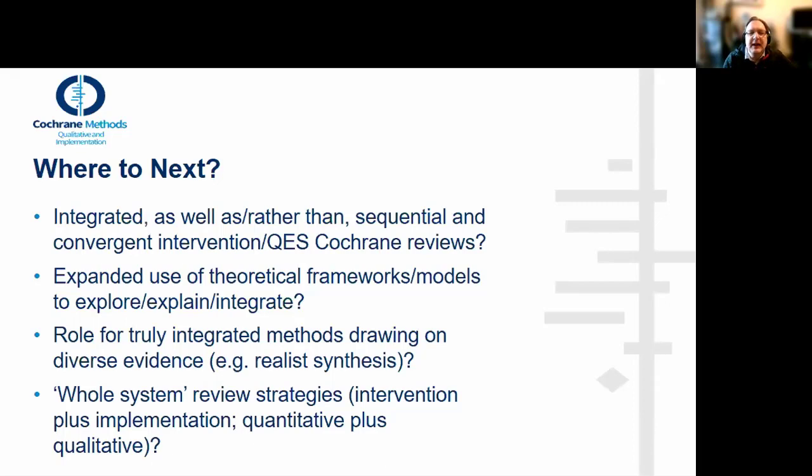We're going to see an expanded use of theoretical frameworks and models at various stages of the review for various purposes. We're going to see a further development of truly integrated methods that draw on both types of evidence simultaneously. And above all, and again, Eva hinted at this, we're going to see whole system review strategies, so that we think of how we're going to review intervention and implementation, not thinking of those as separate reviews, and quantitative plus qualitative.